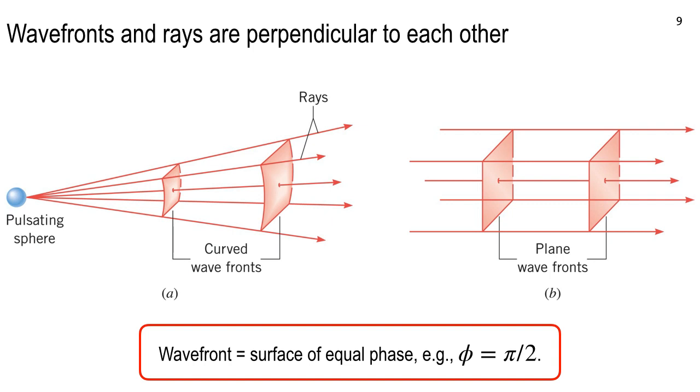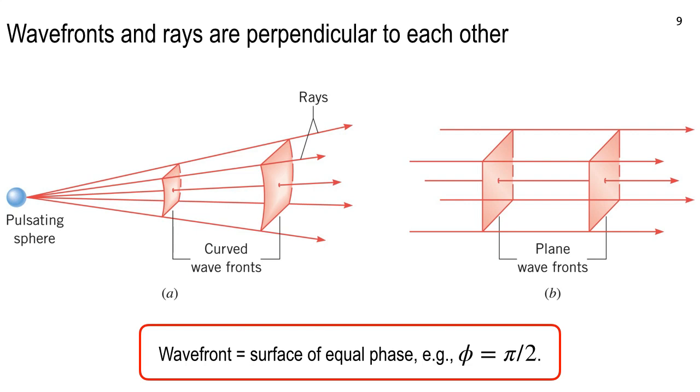Now, if you're very, very far away from any shaped source, you'll have plane wave fronts, and that's where they don't have any curvature or not a whole lot of curvature. So we approximate them as plane waves.